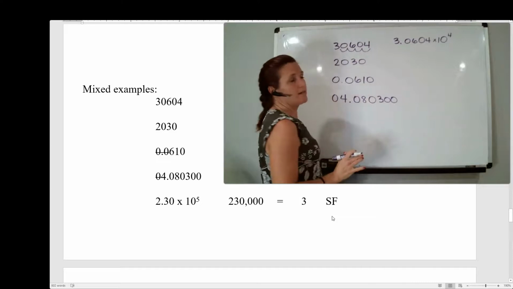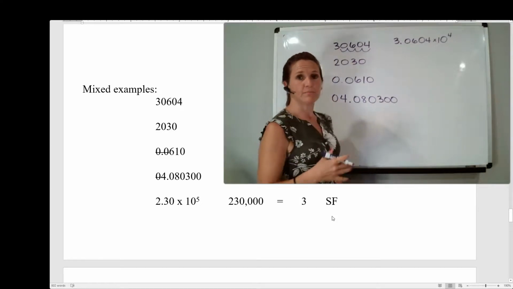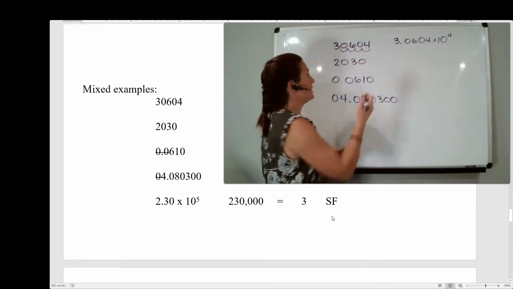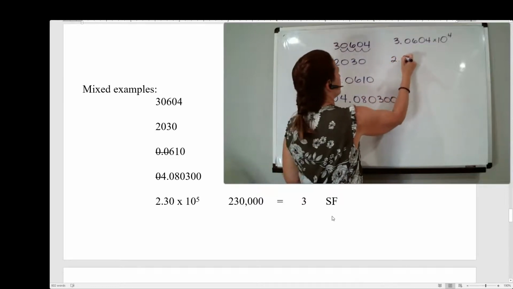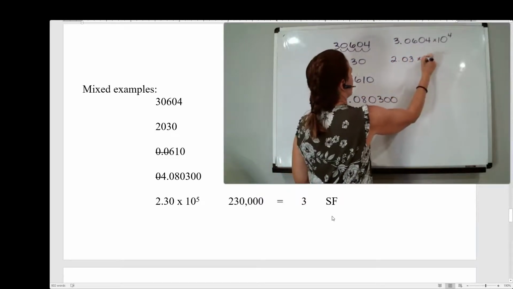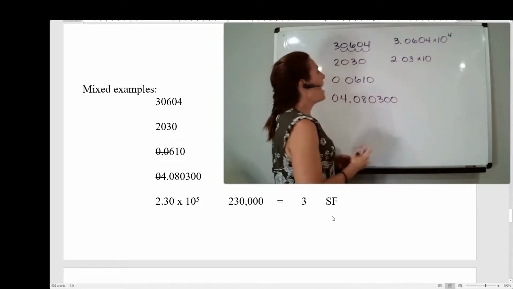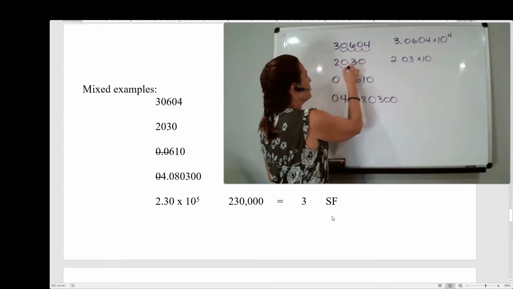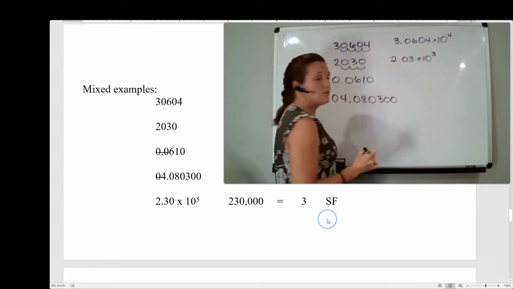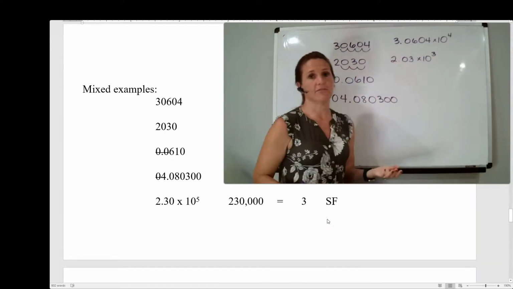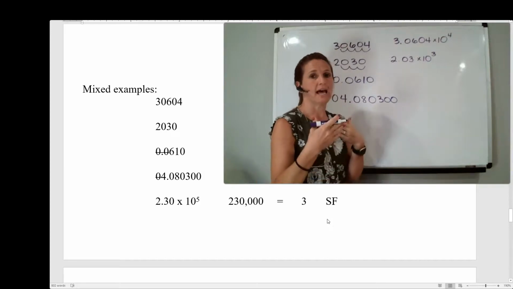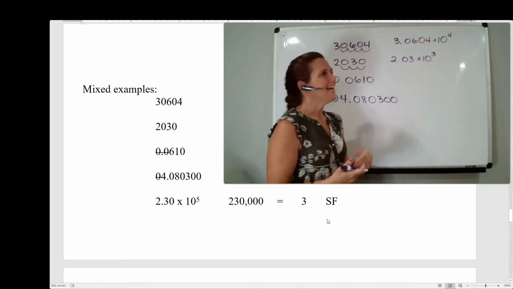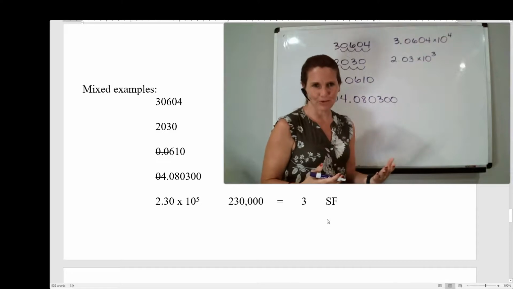For the next one, again, make my numbers something between 1 and 10. So 2.03 times 10 to the, and this time I have to be very careful to make sure I put 1, 2, 3. So even though this 0 is not significant as an integer, as a specific number, it is significant as a placeholder.